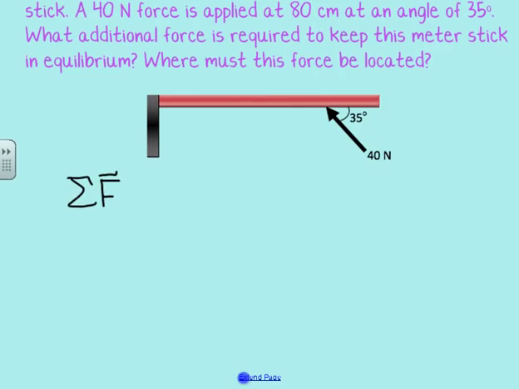But it tells us that there's some other mystery force that is being applied to this meter stick to keep it stationary. So really we have four forces. Those four forces again are force of gravity, applied force, force from the fulcrum, and our mystery force. Just as we did back in the force chapter, we'll look at a net force in the x and net force in the y direction equation.